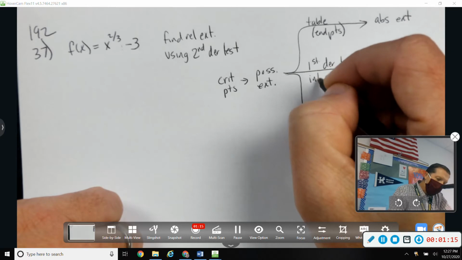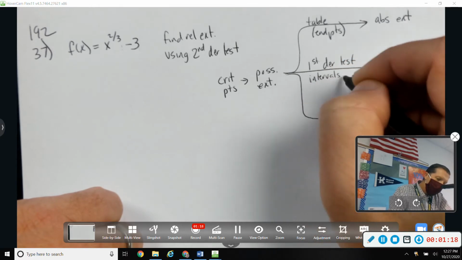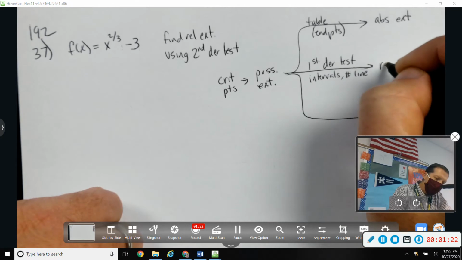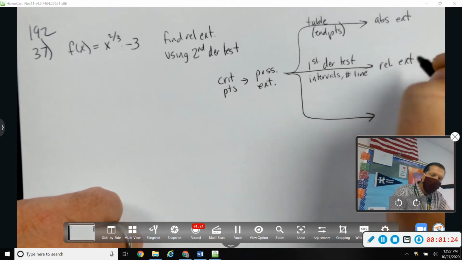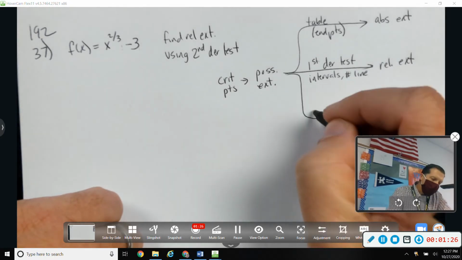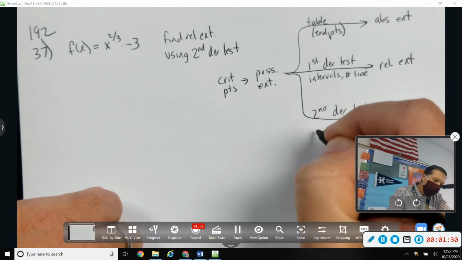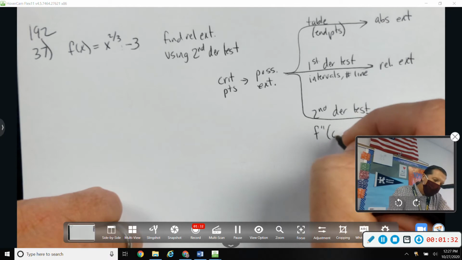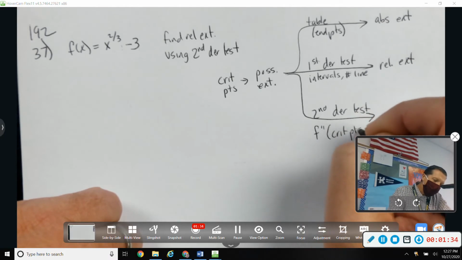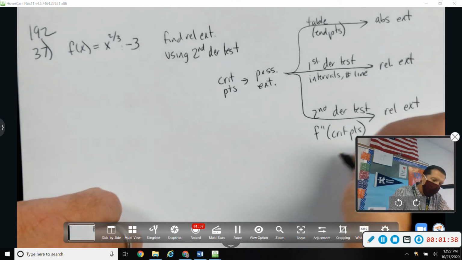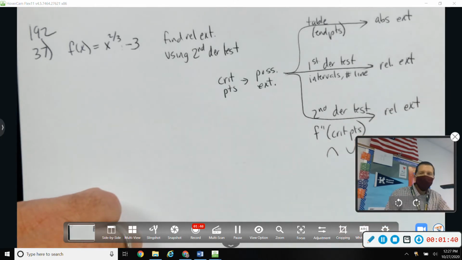That's intervals, number line, etc. That gives us the relative extrema. What this problem asks us to do is the second derivative test. So evaluate the second derivative at the critical points, because then we're thinking concave up versus concave down, and we can get the relative extrema that way.